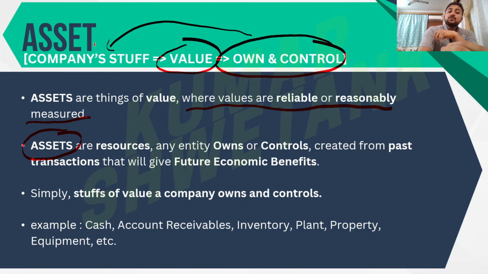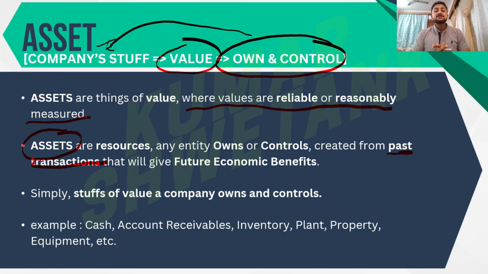So this is known as an asset. To add some more meaning to assets from the accountancy point of view, these assets are created from past transactions, which means in the past the company received some amount from which it purchased this asset.